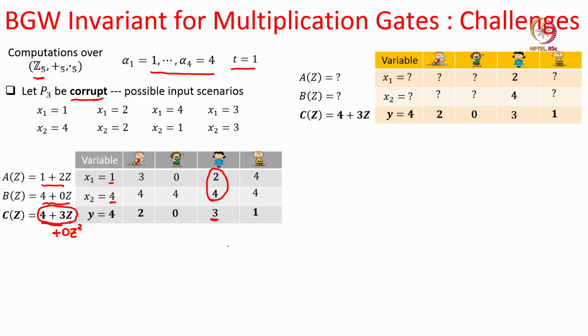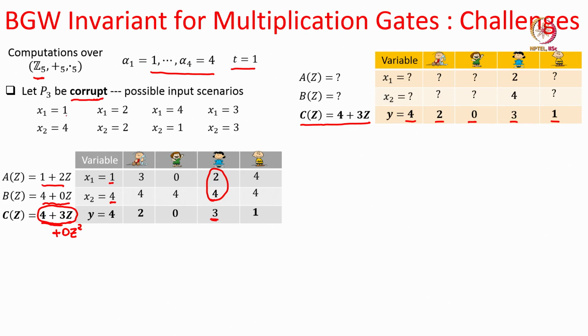Now, since P 3 is corrupt, what exactly it learns? It learns the function output, and it learns all the shares of y which are made public by the individual parties, and hence the corresponding 2 degree sharing polynomial through which the value y has been secret shared, namely the C polynomial, and all the values which are question mark here are the unknown values from the viewpoint of the party P 3.